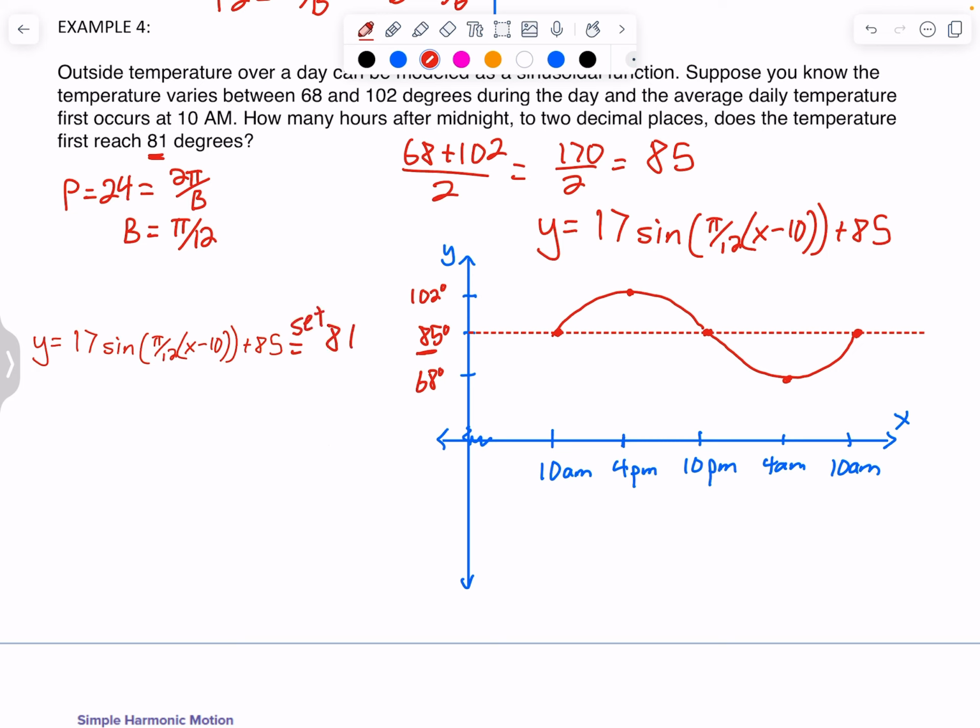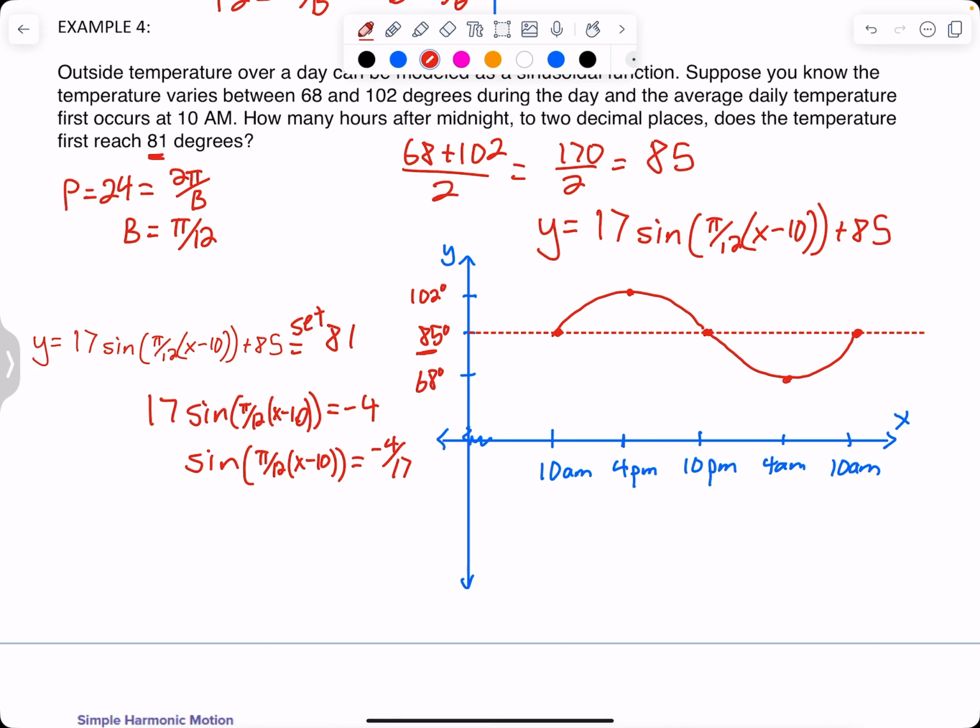That's what we want to know. When is it going to be 81? So it's 17 sine pi over 12 x minus 10. And then we're going to minus 85, so we're going to get a negative 4. So we get sine of pi over 12 x minus 10 equals negative 4 over 17.